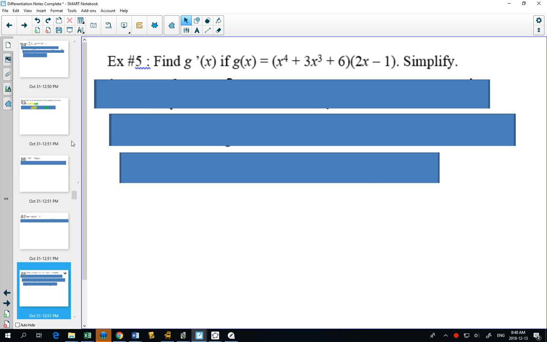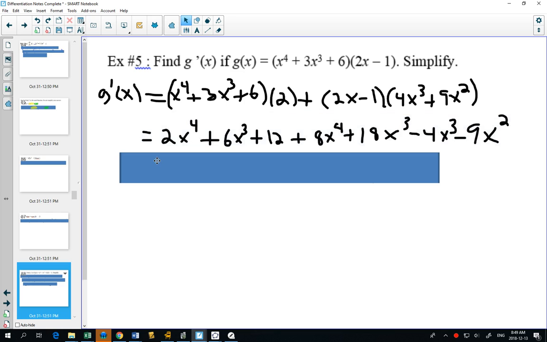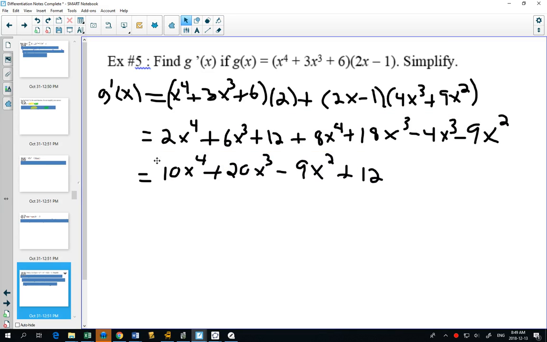And the last one, keep one the same, derivative of the other, and then keep the other one the same, derivative of the first. This one said simplify, so you'd have to multiply everything out, combine your like terms, and this is what you would get.